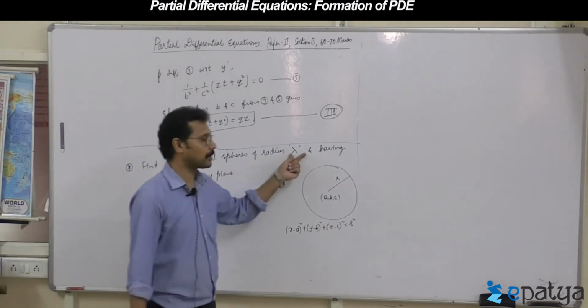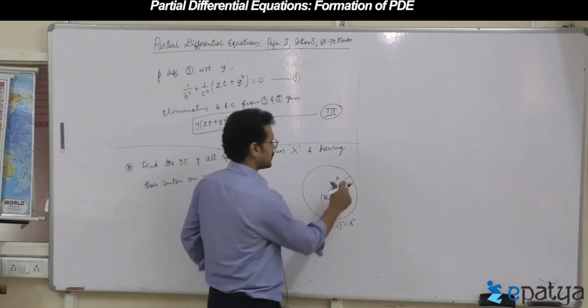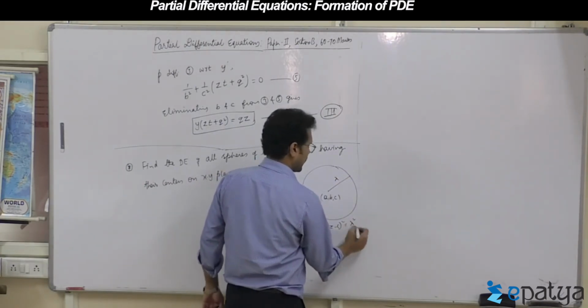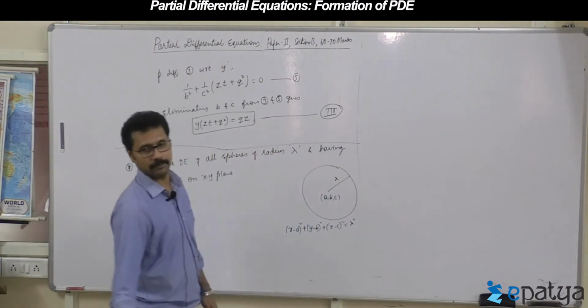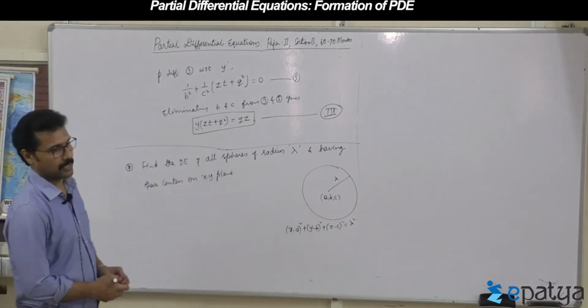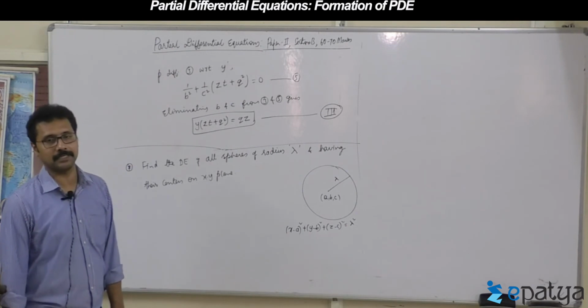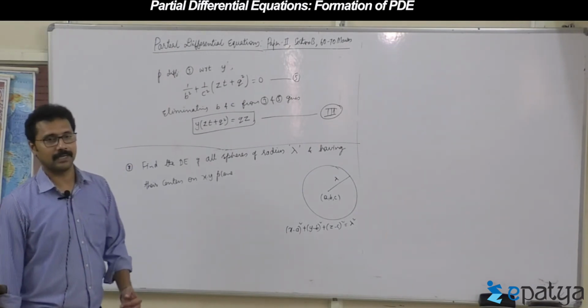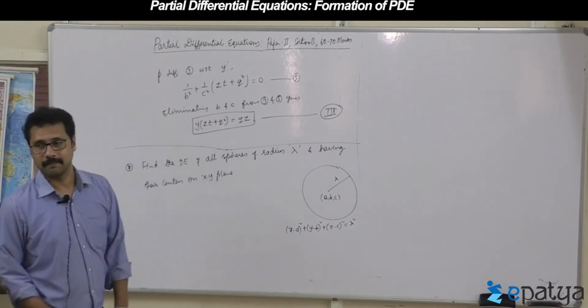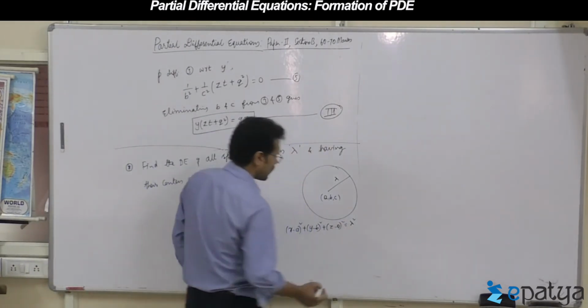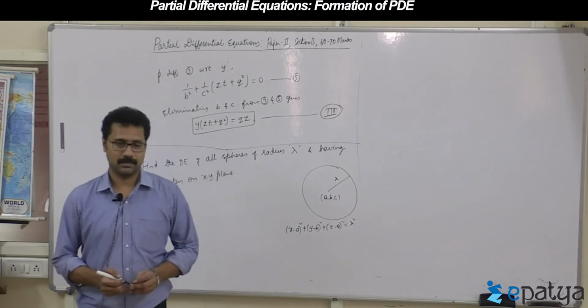Of which he has given: find the differential equation of all spheres of radius lambda only. Now the radius is lambda, it's not R. Lambda is a fixed constant, 1, 2, 3, 4 like that. Along with that, what else is given? Centers on xy plane. It means the center z coordinate is 0. That means c is 0 now. How many arbitrary constants?